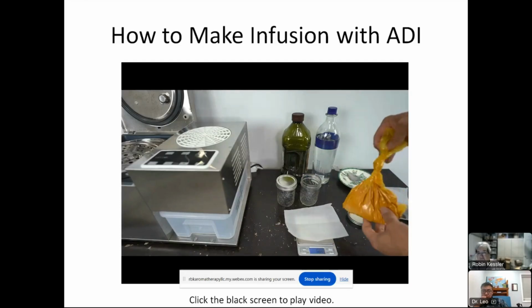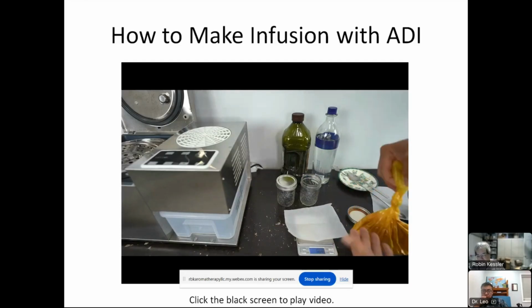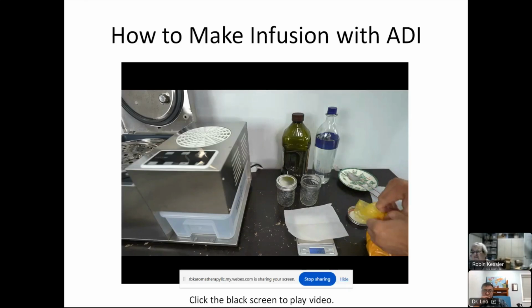Turmeric powder is very yellow. If you don't like the color on your hand, you can use a glove to prevent the powder from getting on your hand. This is a very fine powder.